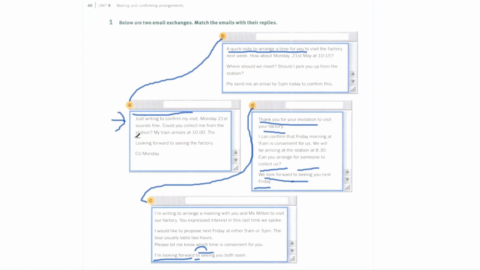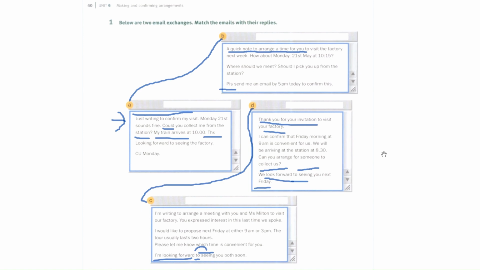Could you collect me from the station? Okay, so informal. My train arrives at 10. Thanks. You can see examples of abbreviations here, THX, and PLS, that you could use in both informal emails as well as text messages, but do avoid using them in semi-formal emails and formal emails because they're less appropriate in terms of email etiquette.